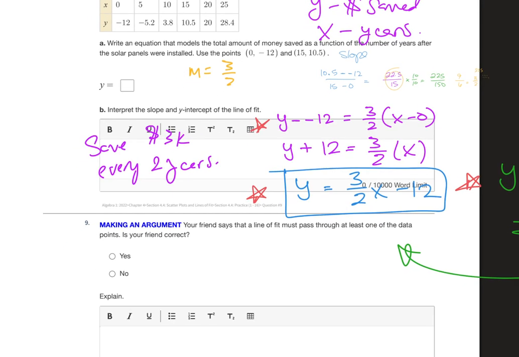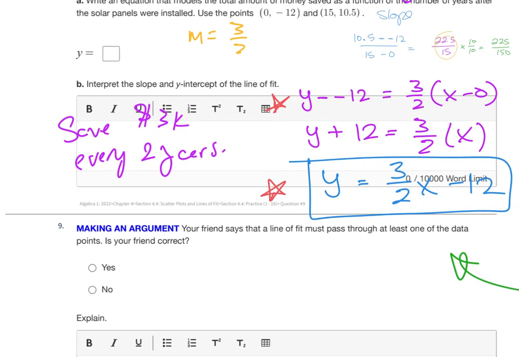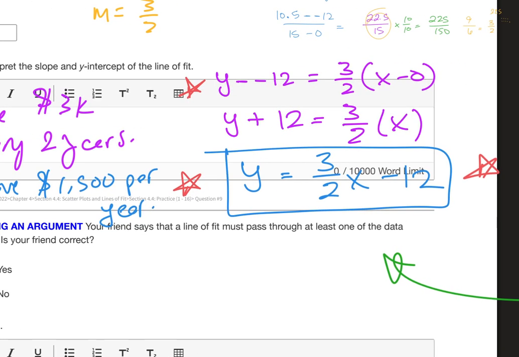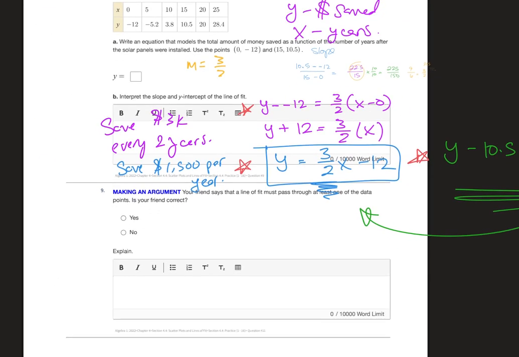If you wanted to get real picky, you could say you save $1,500 per year, because that would be every 1 year, if you reduced this to 1.5 over 1, but you don't have to do that.